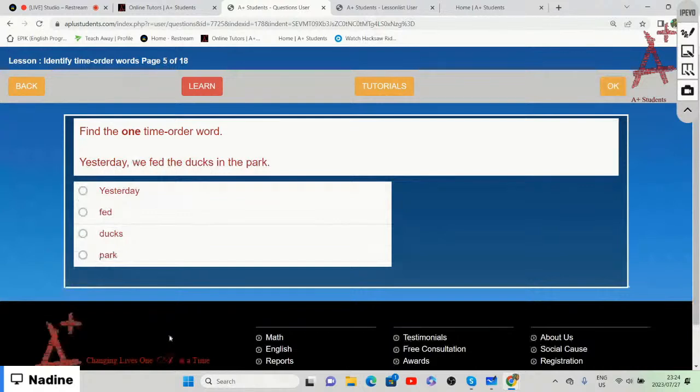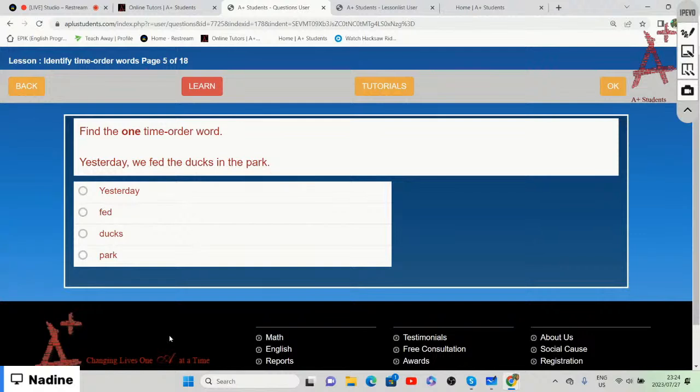So we need to choose between the options of yesterday, fed, ducks, park, because they just want us to find one time order word, only one. So yesterday we fed the ducks in the park.